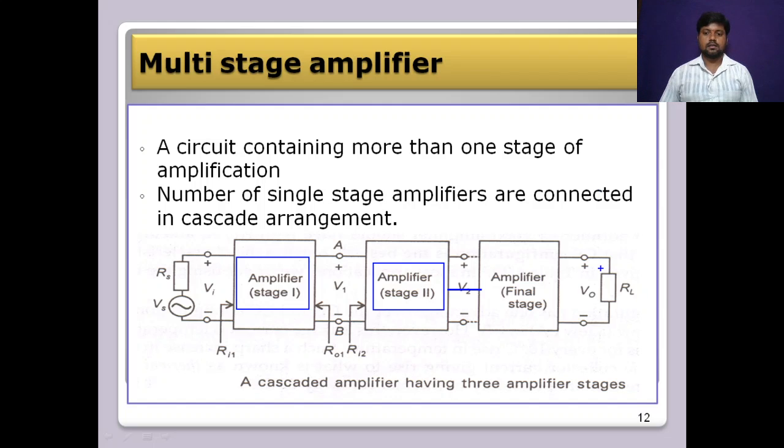And finally, the output is given to the RL, that is the load. Okay, here the amplifier stage 1 output is given to the amplifier stage 2. Likewise, it is finally given to the final stage, and we are getting the output. This amplified output is given to the RL.